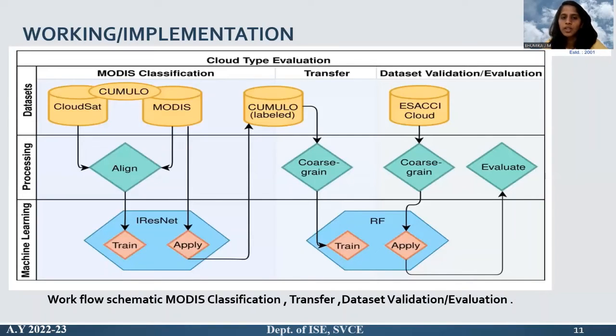After that, this Cumulo data set was sent for coarse graining. What is this coarse graining? Basically, coarse graining is a process of training the data, which is in a less developed state, using the random forest. By this process, cloud statistics are the results of regression. After this, the information was sent to the RF.